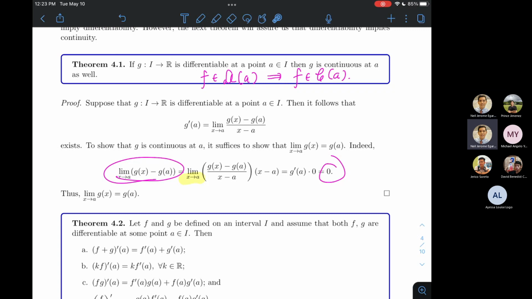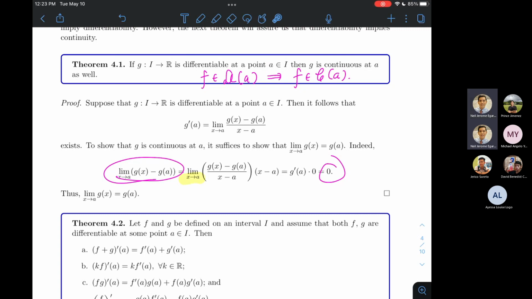Okay, and then if you get the converse of this statement, ano yung converse ito? Yung converse ay negation nito implies negation ng premise. So we'll have f is not continuous implies f is not differentiable.